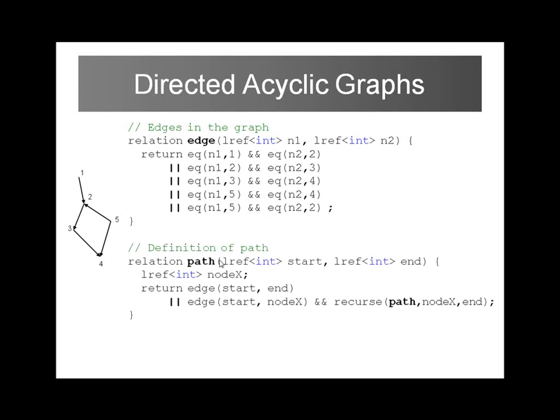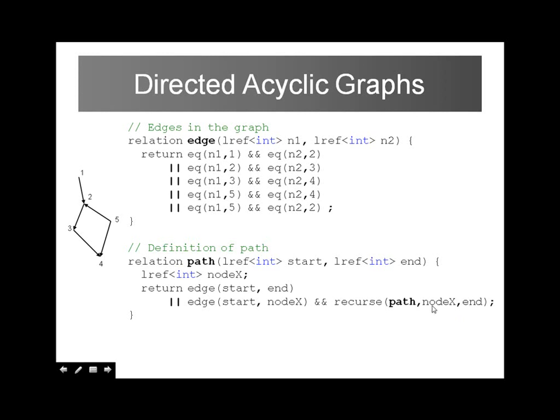Next, we can define what a path means using the definition of an edge. So here we are stating there exists a path from start to a node end if there exists an edge from start to end, or there exists an edge from start to some node x and there exists a path from that node x to end.